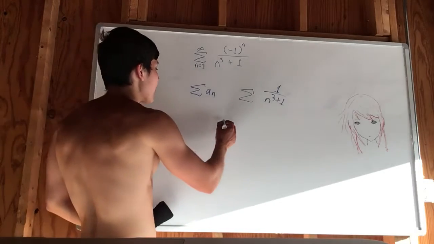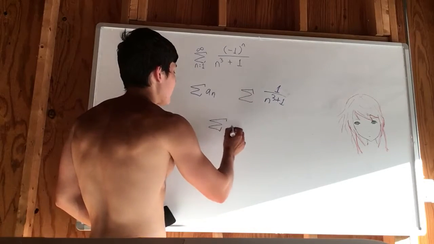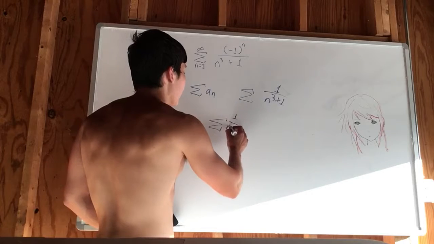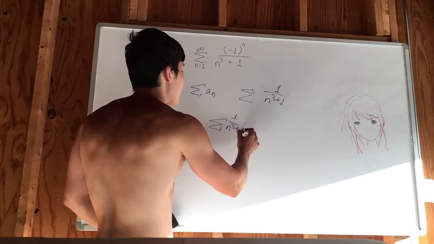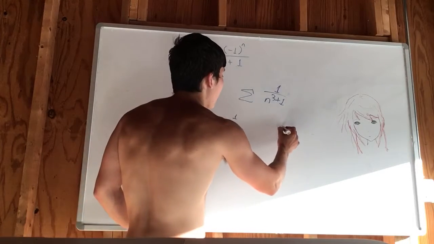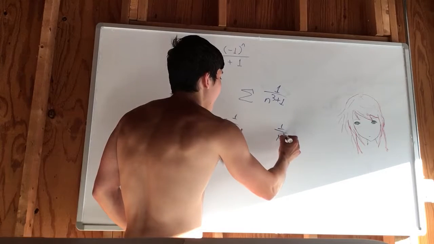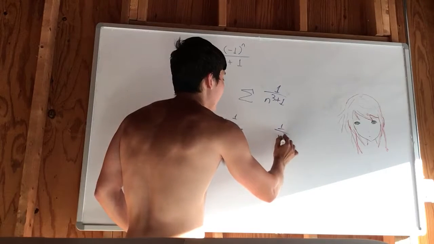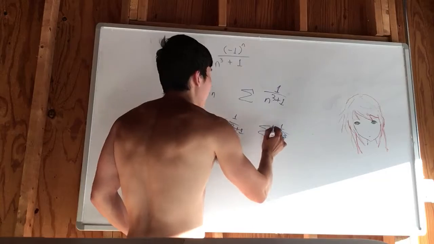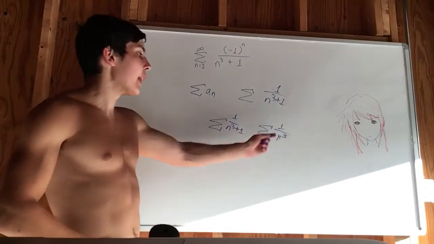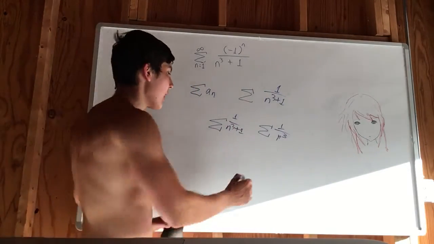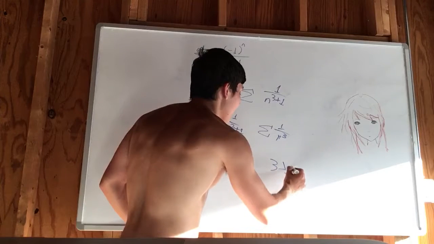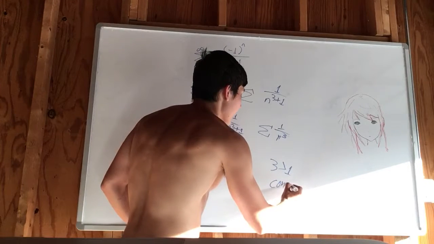The one that I would use is a simple comparison test in which we would have this compared to this, where we have n cubed in the denominator. We would have n cubed, and n cubed is obviously by the p series, 3 being greater than 1, going to converge.